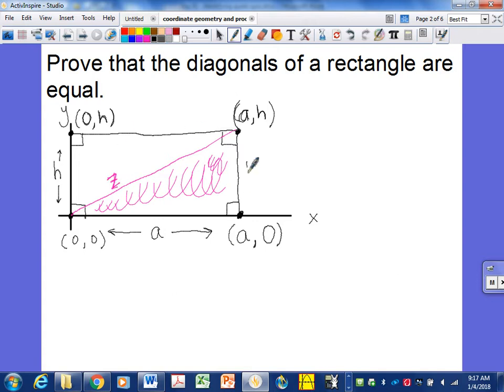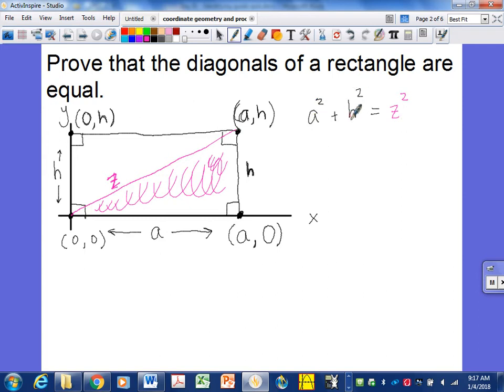So whose theorem shall we use with the right triangle in order to find the length of Z? Mr. Pythagoras, which says that a squared, the length of the leg, plus h squared equals z squared. We want to solve this equation for Z. Can we add a squared and h squared together?